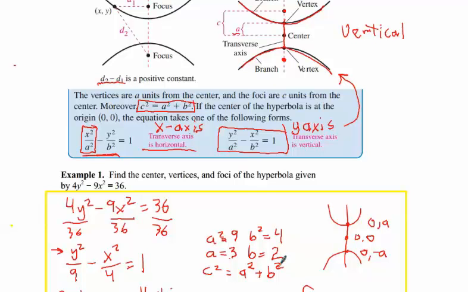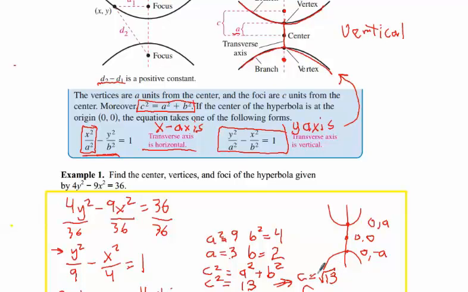Looks a lot like our friend the Pythagorean theorem. So we substitute in a squared and b squared, and we get c squared equals 9 plus 4, which is 13. So c is going to be the square root of 13.